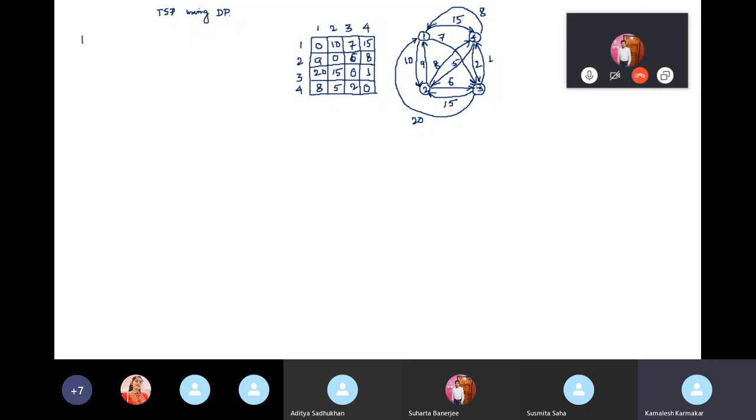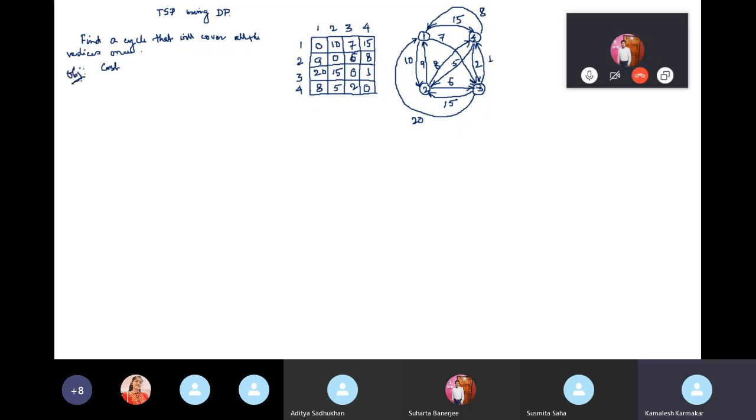So we have to find a cycle that will cover, basically it will cover all the vertices once, and the cost of this cycle is the objective.